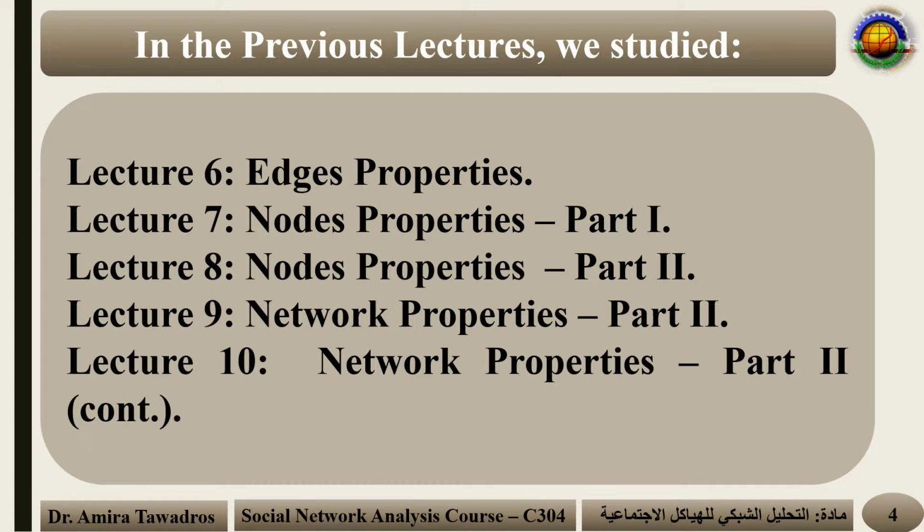So we are still studying edge properties, but from path length we move to another very important concept, which is the shortest path. Shortest path means that we find all possible paths between any two nodes, and then we find the shortest path, which is the least number of edges that can be covered in order to travel from one node to another.